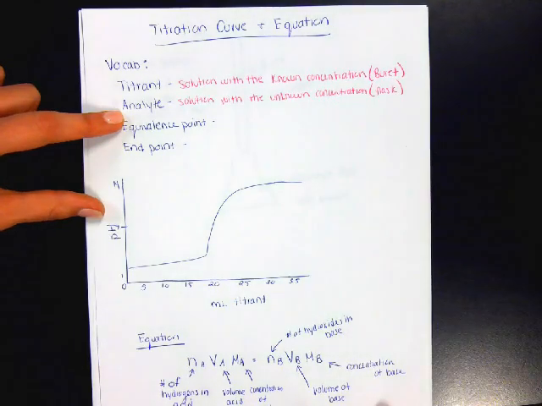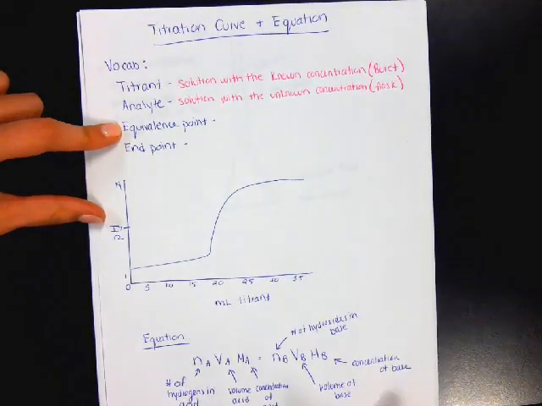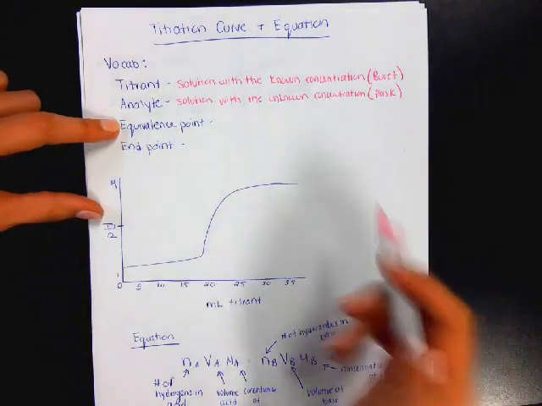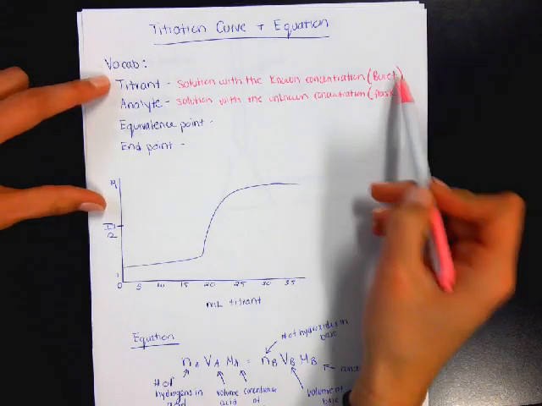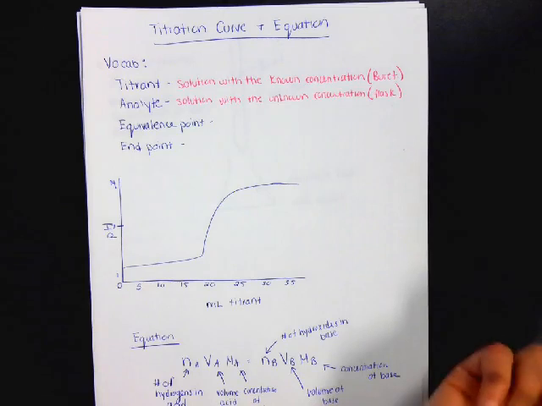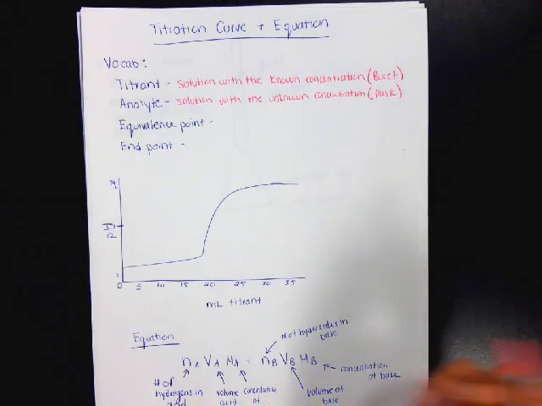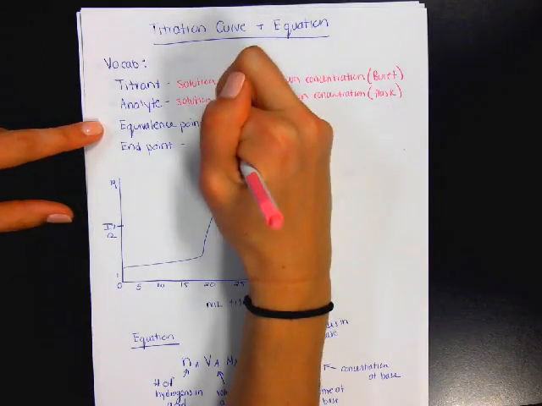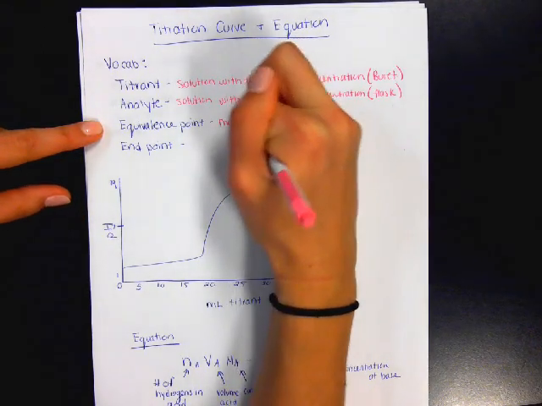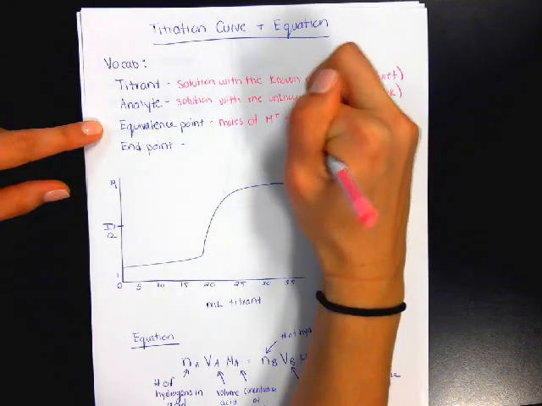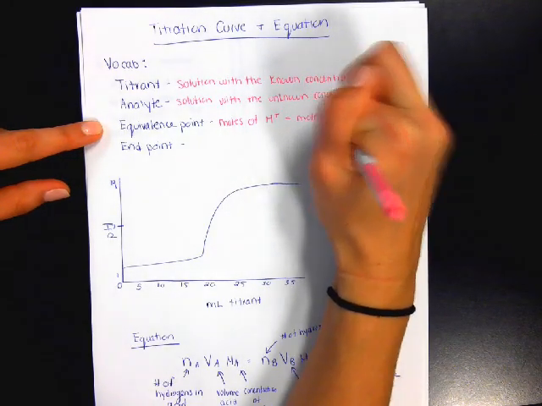The equivalence point. In a lab, you are going to continuously add titrant to your analyte until you have reached the equivalence point or the end point. So basically, your equivalence point is when the moles of H plus are equal to the moles of OH.